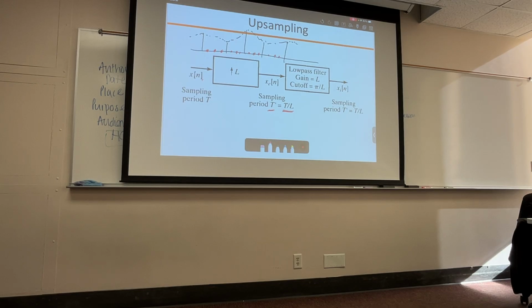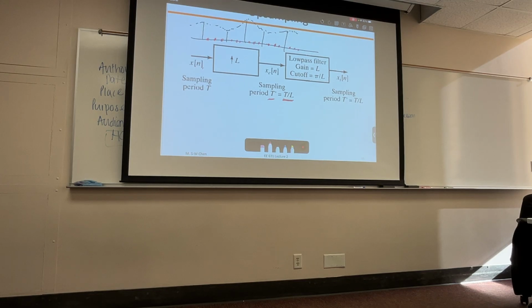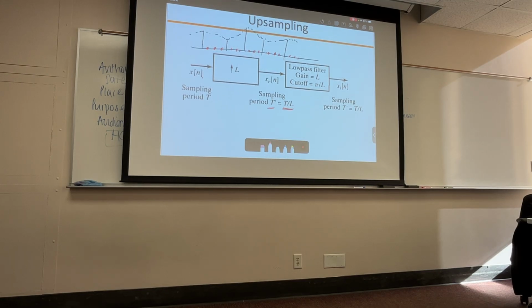Upsample by a factor of 4, so I need to insert another 3 samples. That would be the starting point. This process is sometimes called zero padding, because you are just padding a bunch of zeros. Depending on your upsampling factor, if it is larger then you should obviously insert more zeros in between the original samples.